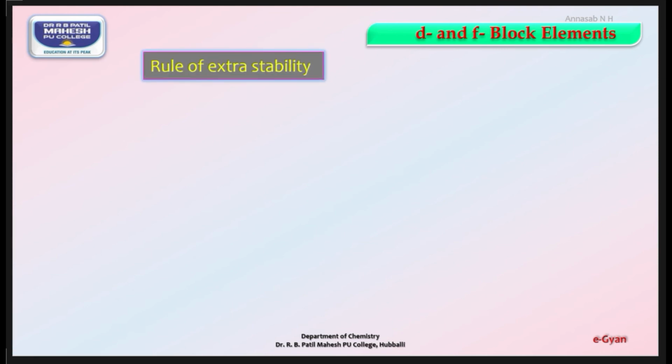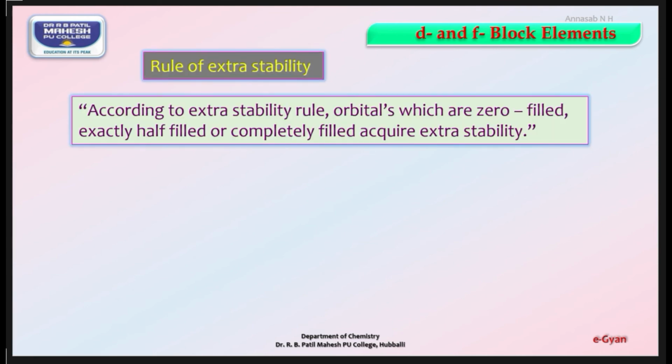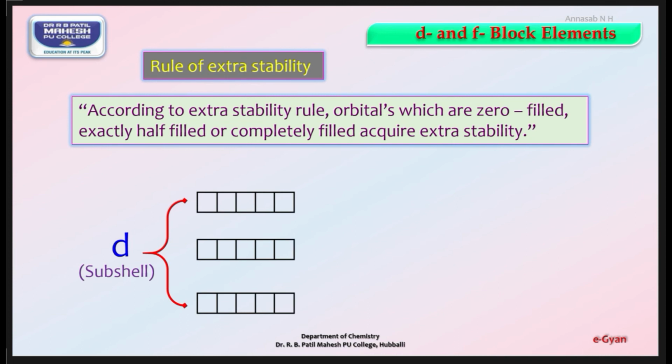But according to the extra stability rule, orbitals which are zero filled, exactly half filled or completely filled acquire extra stability. So in the d subshell, d0 is fully vacant, d5 is half filled and d10 is completely filled.